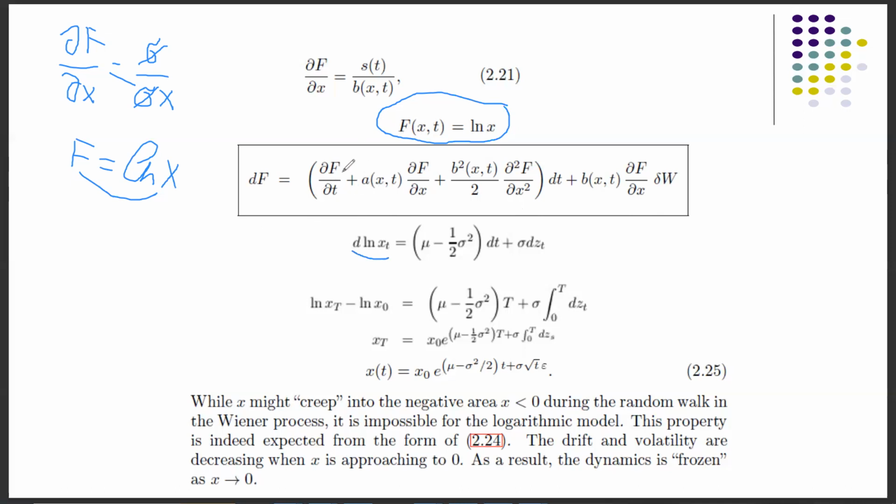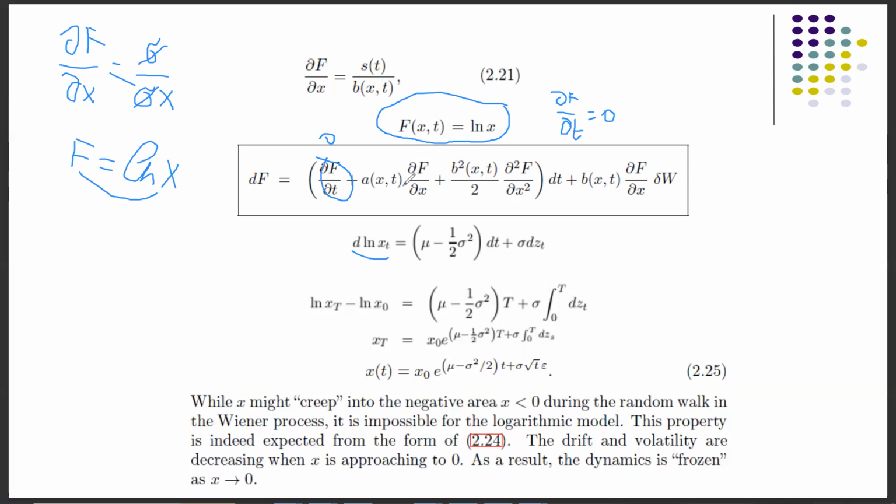What is the derivative of f with respect to dt? Zero, absolutely. So it is zero.